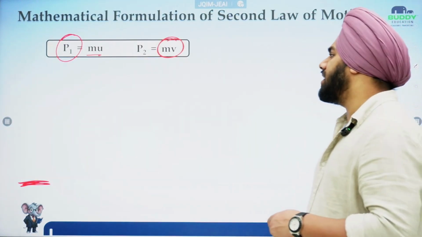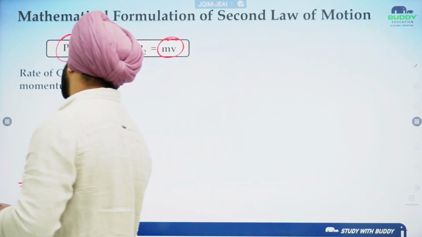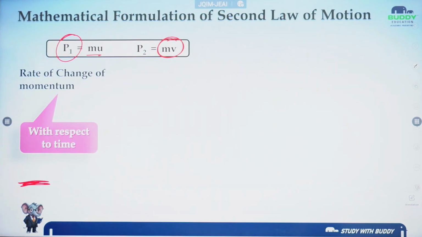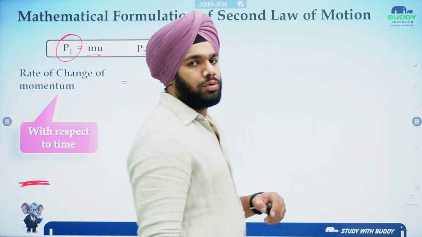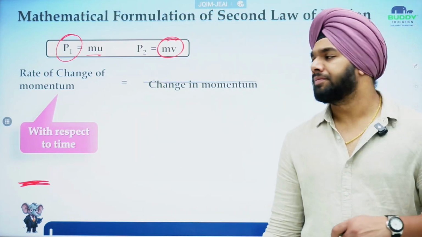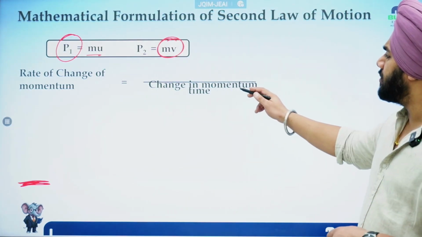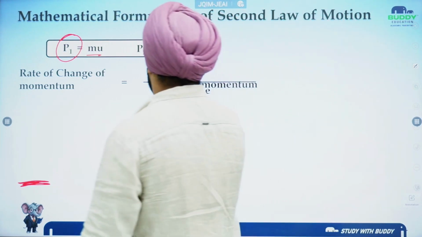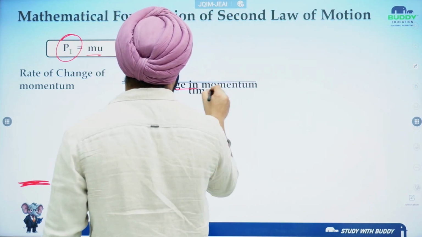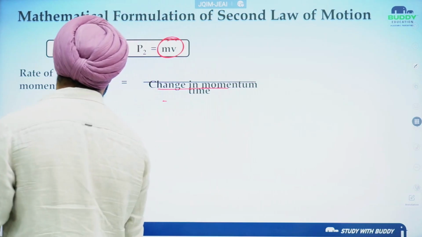So now we need change in momentum. What is change in momentum? P2 minus P1, right? What is rate of change of momentum? P2 minus P1 with respect to time. So change in momentum upon time. This is rate of change of momentum.